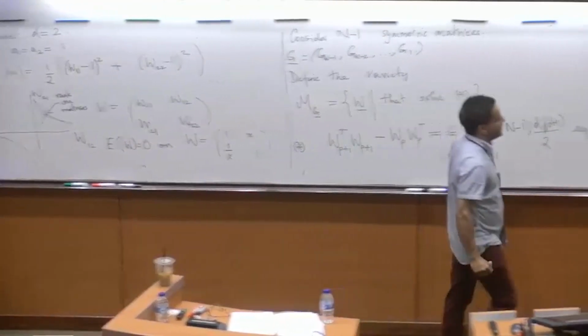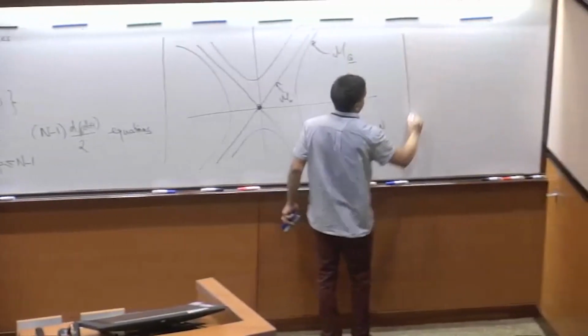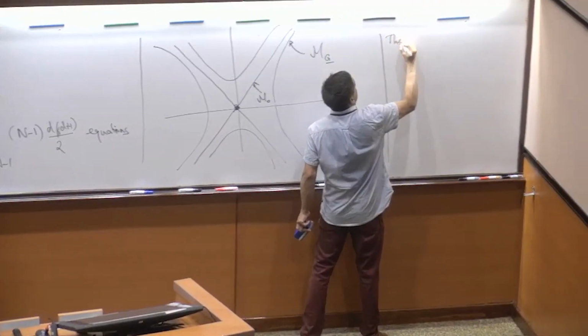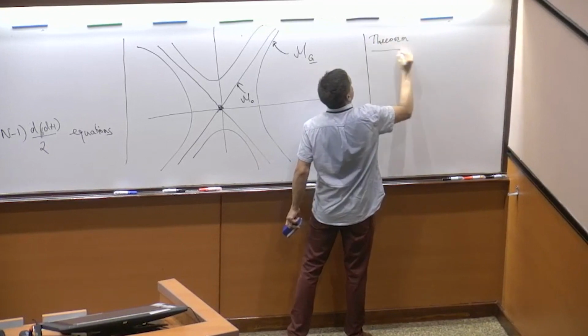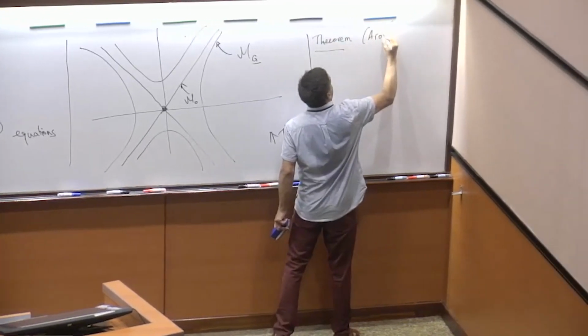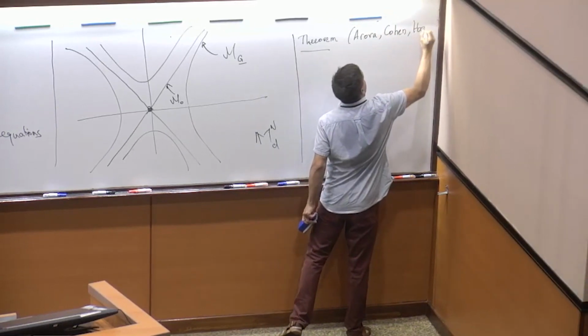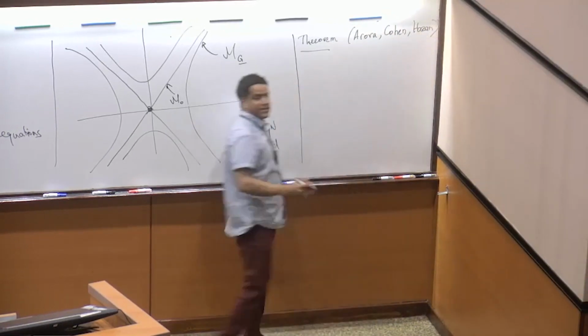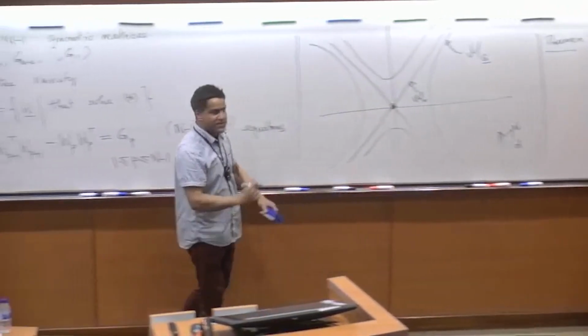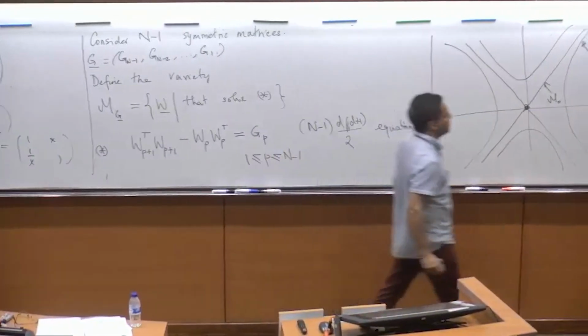So here's the theorem. This is due to Arora, Cohen, and Hazan. It's not stated in this language in their work; I'm going to state it in the dynamicist language.